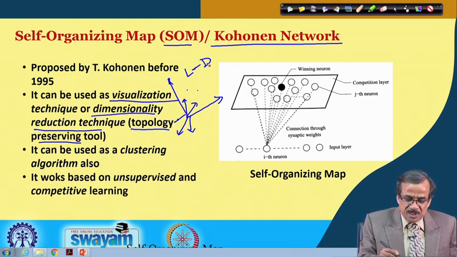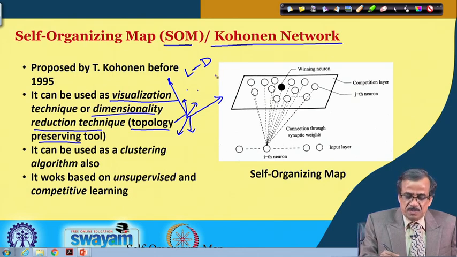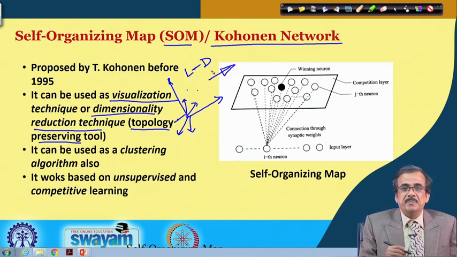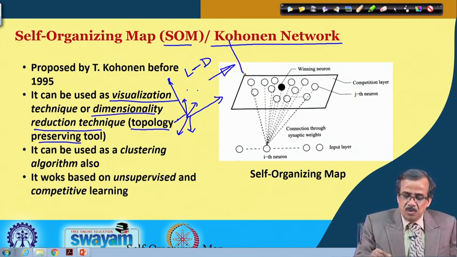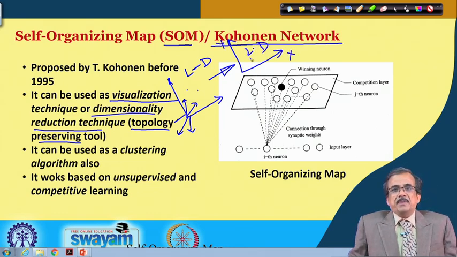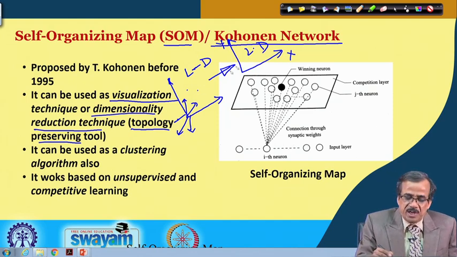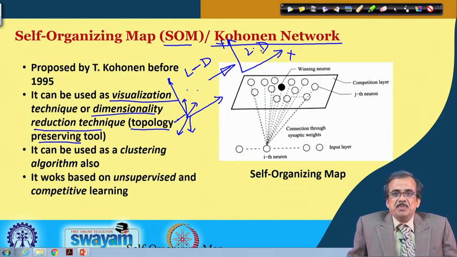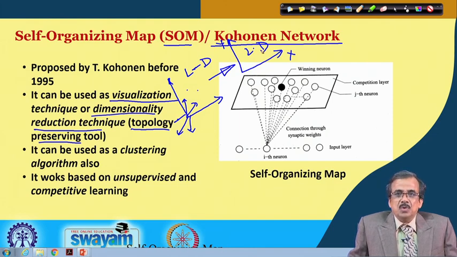So, for the purpose of visualization, this particular higher dimensional data is to be mapped to the lower dimension, say in 2 dimensions, say x and y. Now, if I want to map this higher dimensional data to the lower dimension for the purpose of visualization, we cannot do a 1:1 linear mapping. So, we will have to go for some sort of nonlinear mapping.